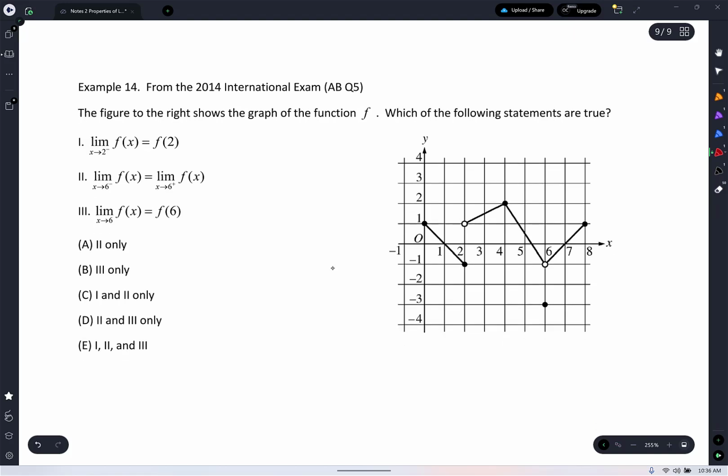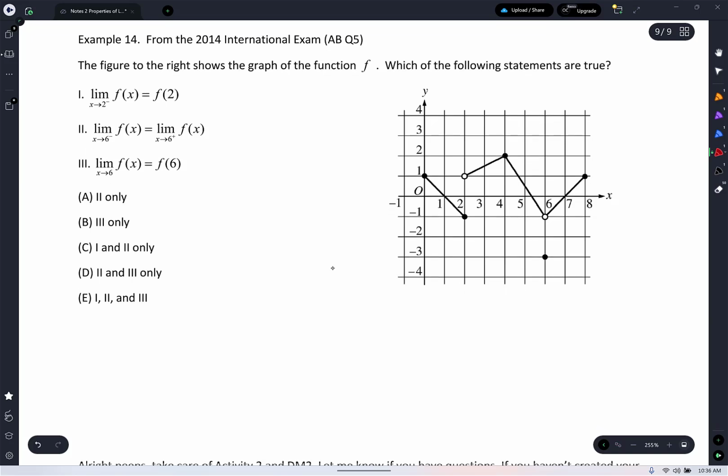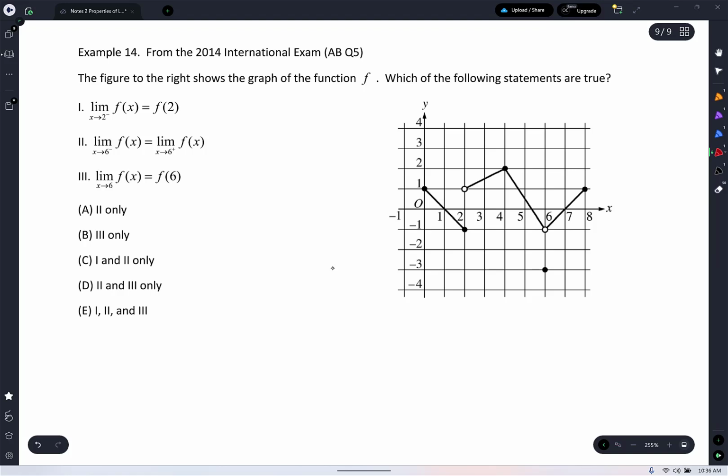Check it out. This one here is from the 2014 international exam. So take about a minute and see if you can do this one right here, and then we'll chat.